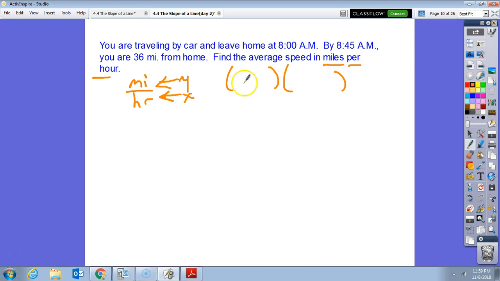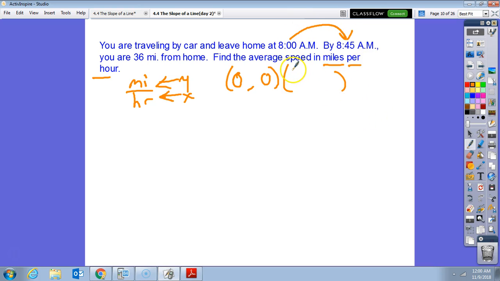So if you look at this, it's going to be at the beginning when I leave home. Don't put 8. How many hours have you driven? 0. How many miles have you driven? 0. When you leave your house, you haven't gone anywhere yet. As soon as you get on the road, yes, your clock starts and your mileage starts. So by 8:45 a.m., notice that's not even an hour.